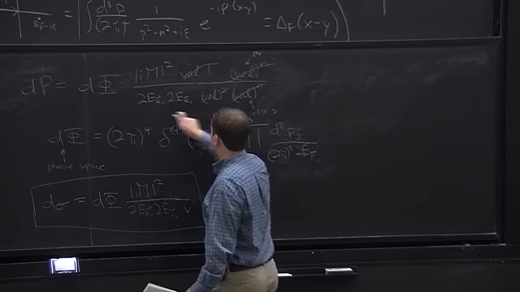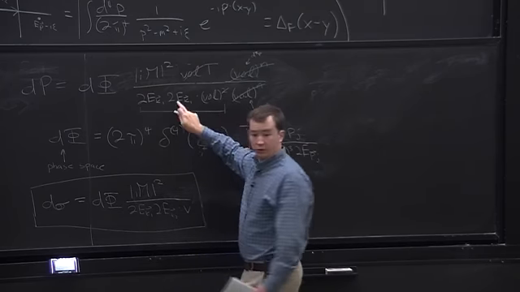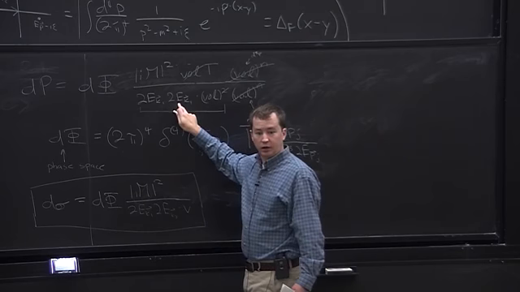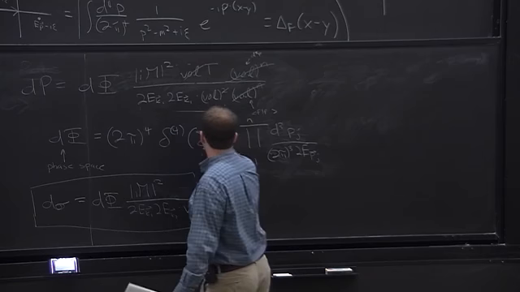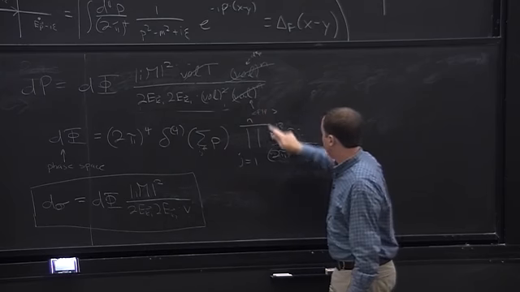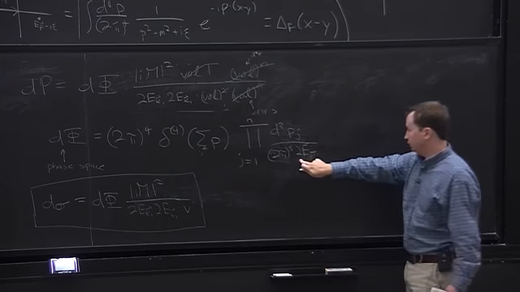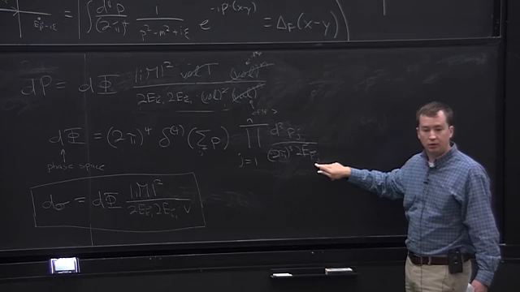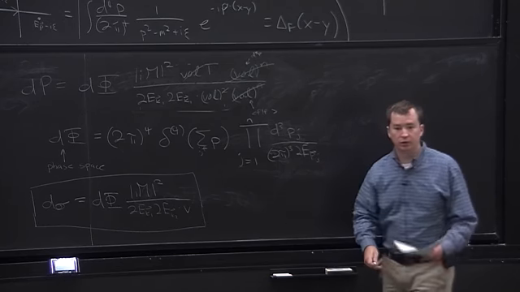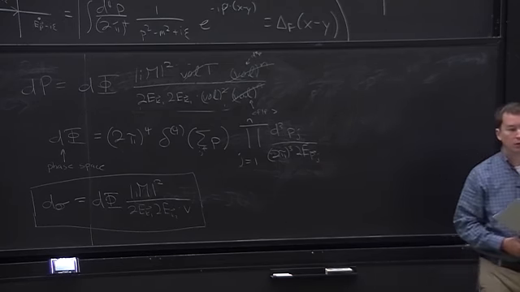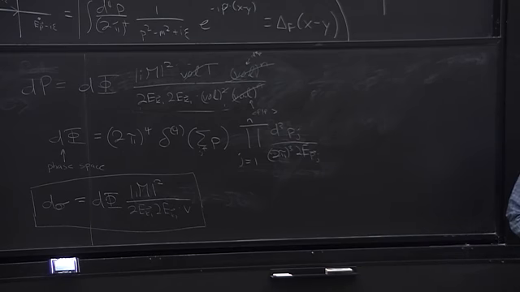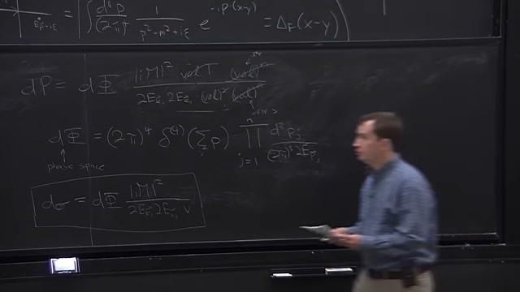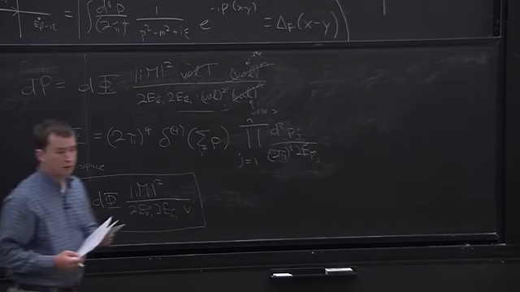This part here comes from the II. And these n factors of the volume and these factors of 2E_p come from the FF. The measure I put over here. Other questions?